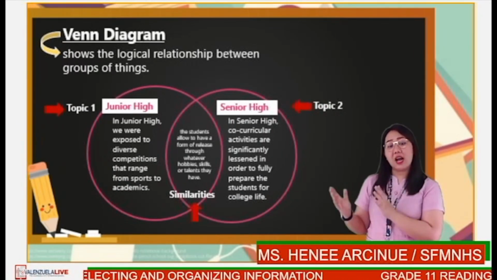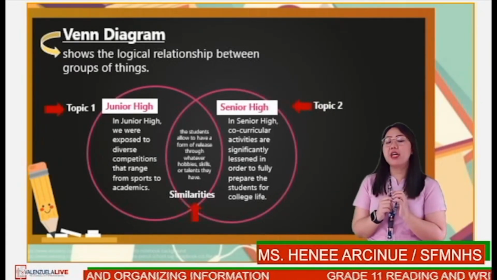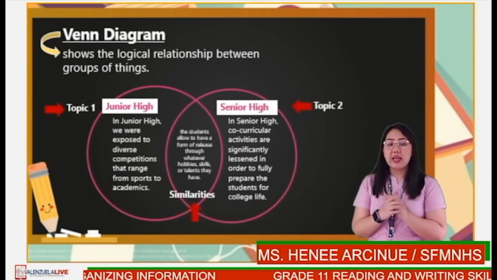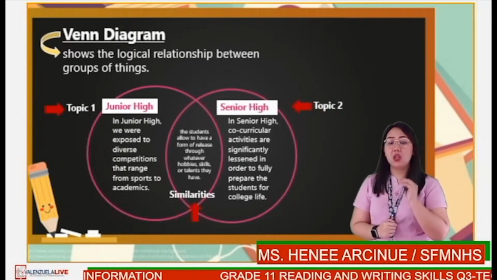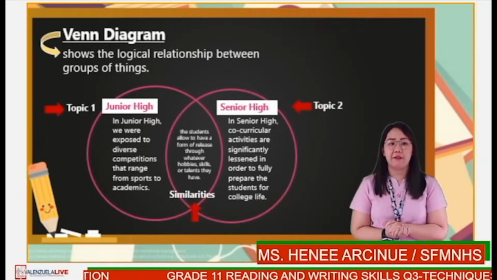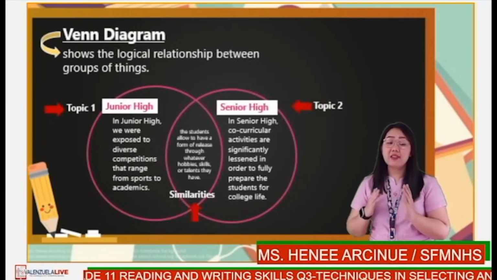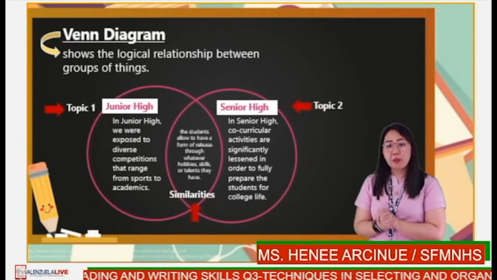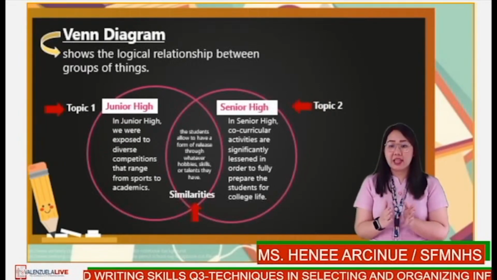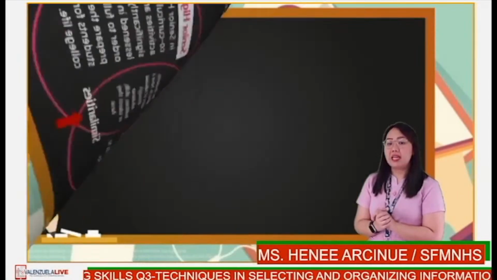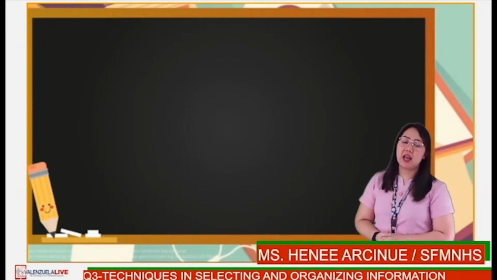However, in senior high, yes, you have co-curricular activities, but it is significantly lessened in order to prepare for college life. But in the middle, their similarity is students are still allowed to have a form of release through whatever skills they have.